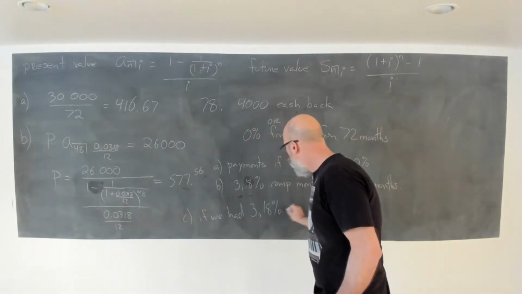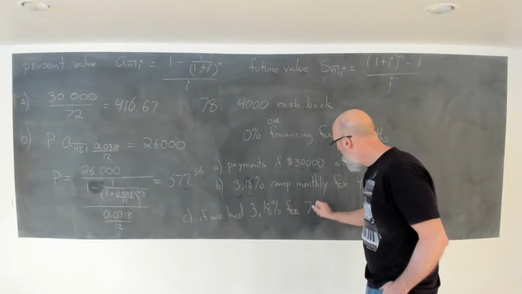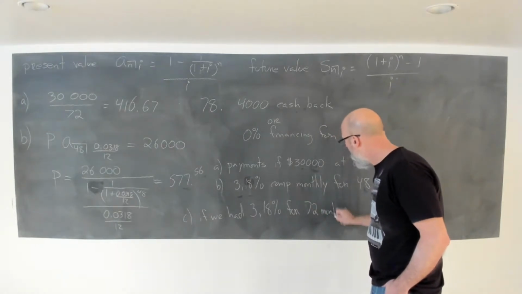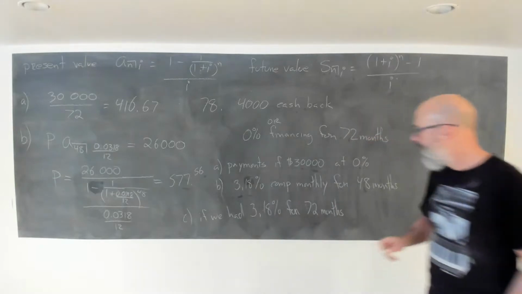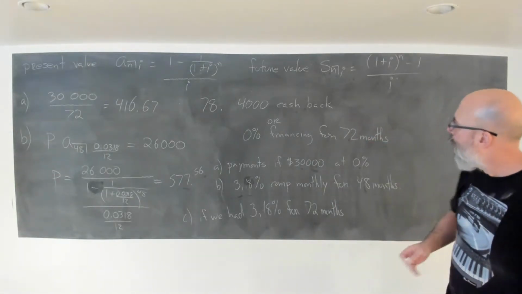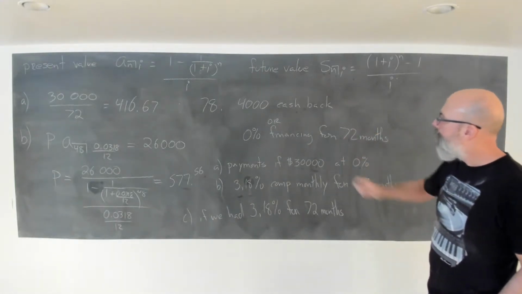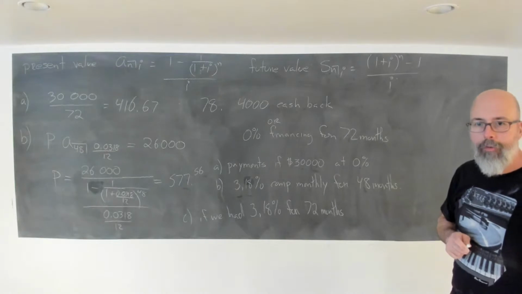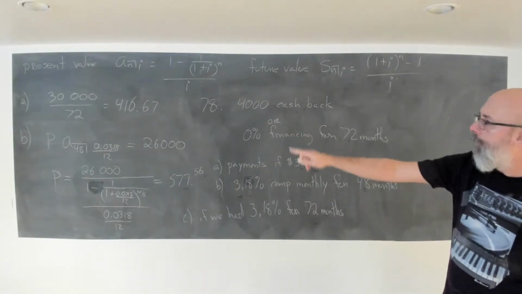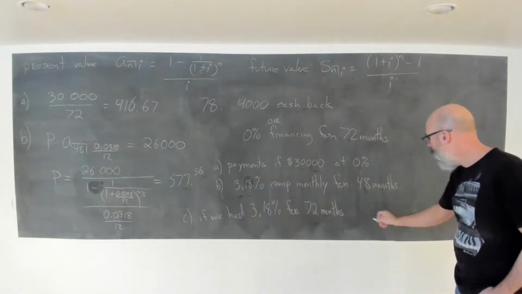at 3.18% for 72 months, what then? Would $4,000 cash back be better than the 0% financing, or vice versa? So instead of 48, let's make it 72.